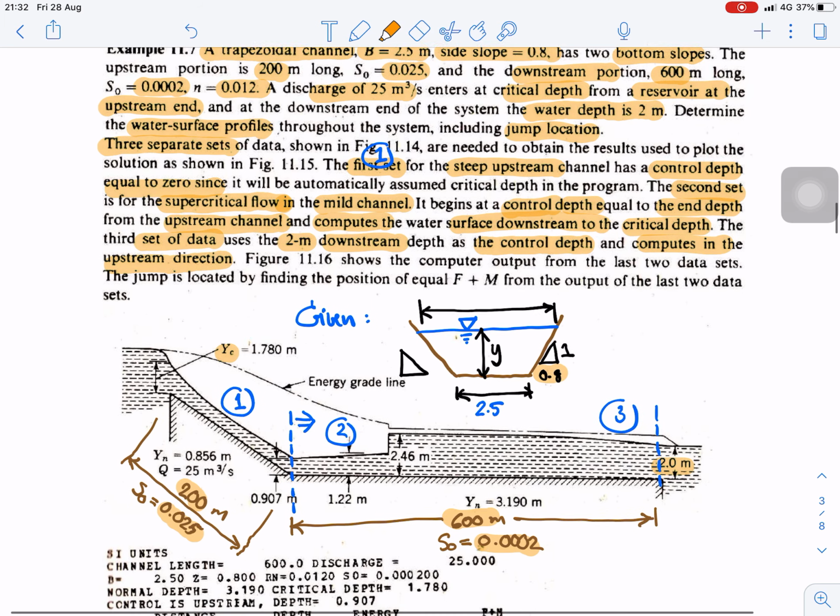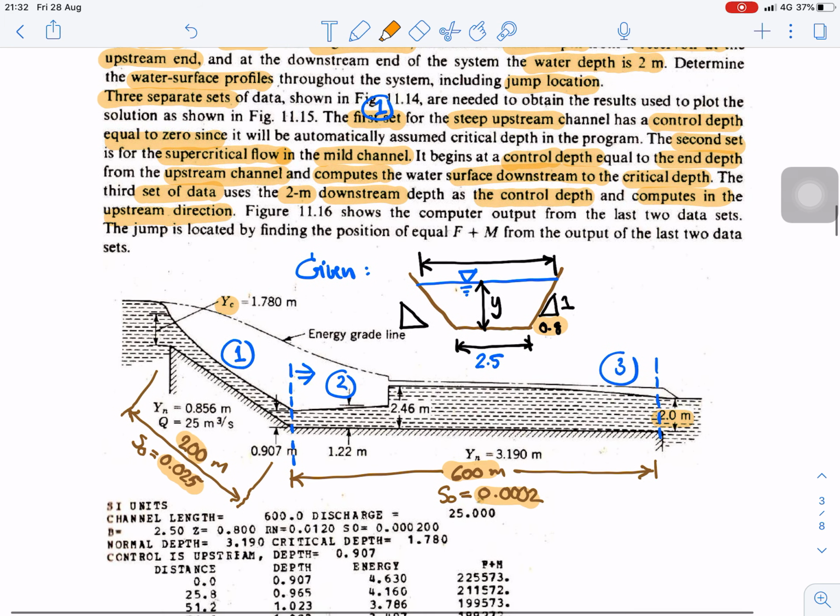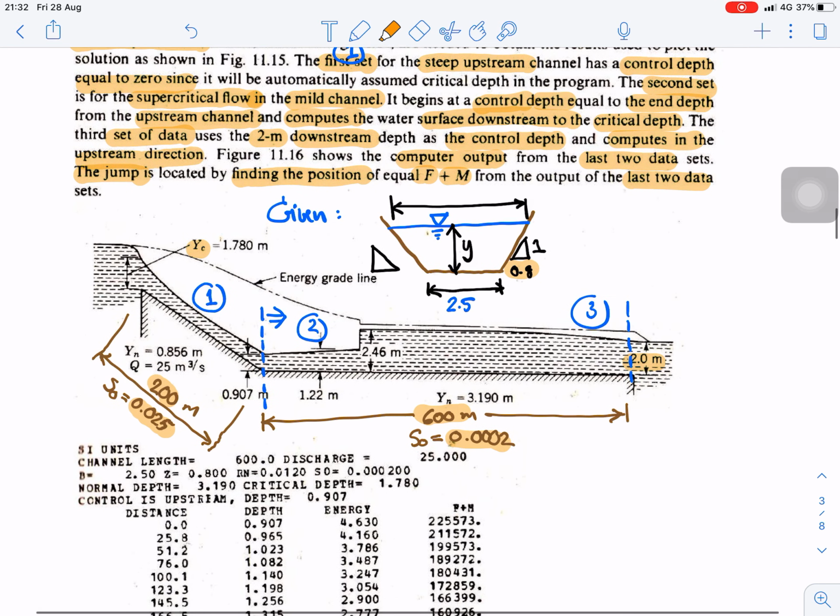The figure below shows the computation output from the last two data sets. The jump is located by finding the position of equal force plus momentum from the output of the last two data sets. So this gives you the given data for the problem.